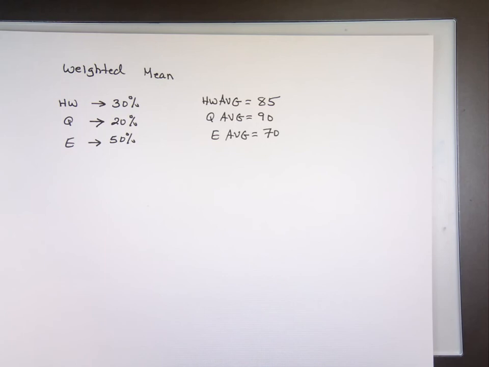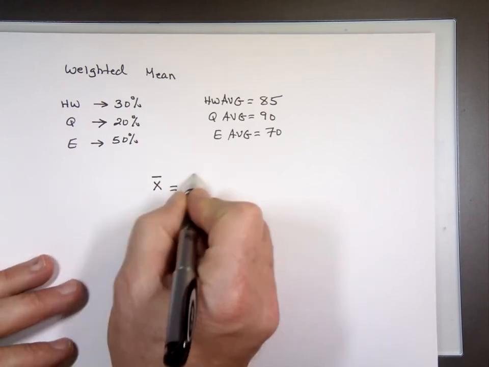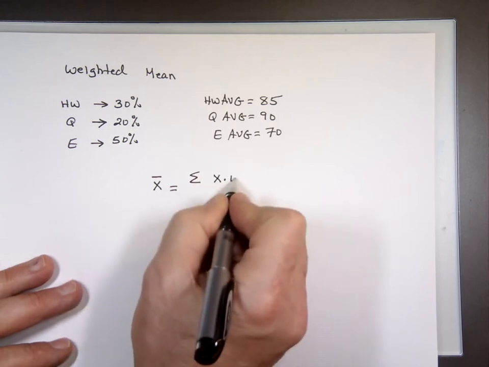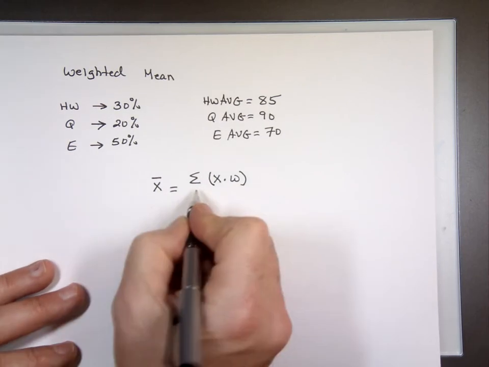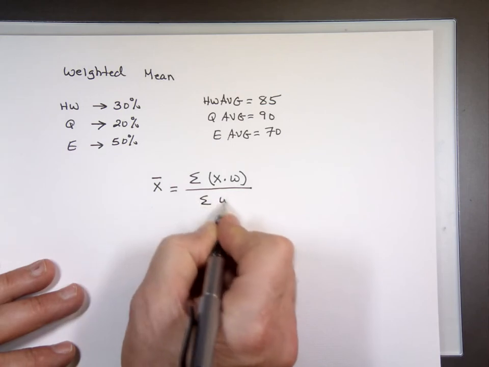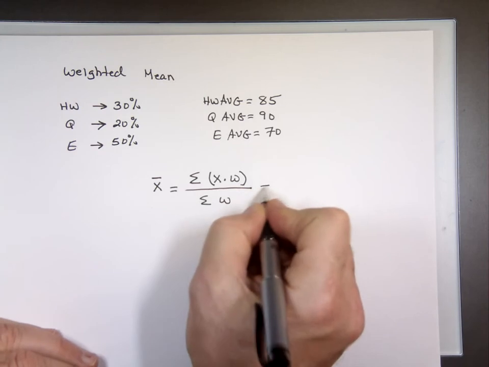So to find the average for the students in the class is going to be the summation of each x value times the weight, divided by the sum of the weights. So in this example, this will be 85.